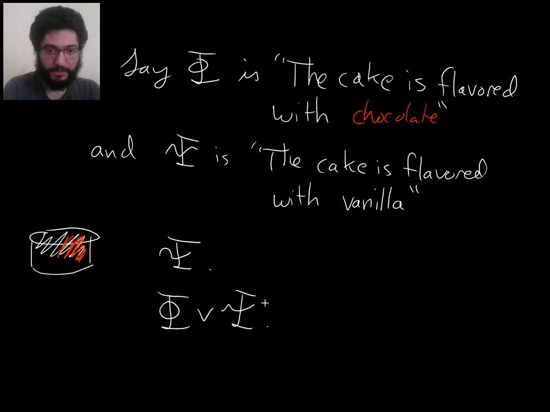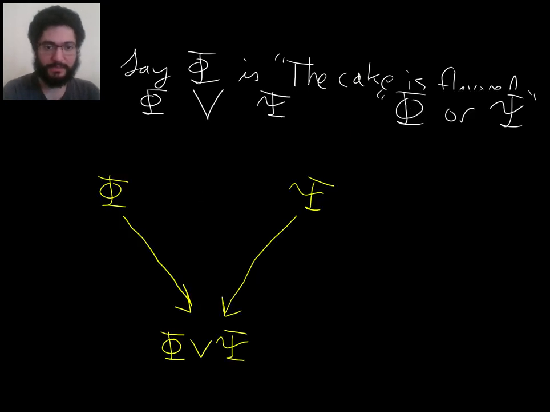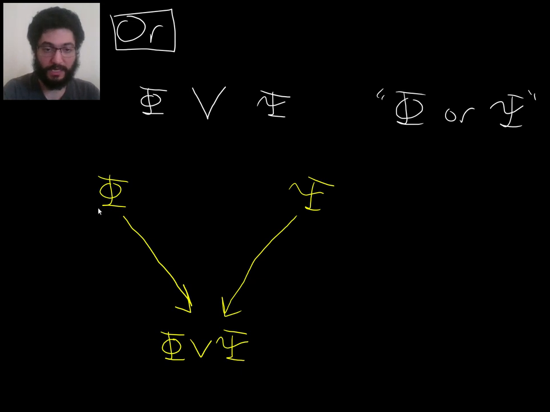So what can you conclude here? Can you still conclude that yes, the cake is either flavored with vanilla or with chocolate? Yeah, definitely you can, because the rules say if you have phi, you can deduce phi or psi. They don't say that you need to verify phi and not psi. They're just saying if you have either one, then you can deduce the or. You don't have to consider the other one then.